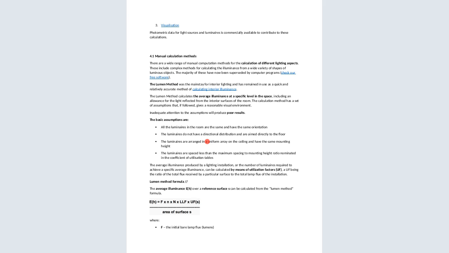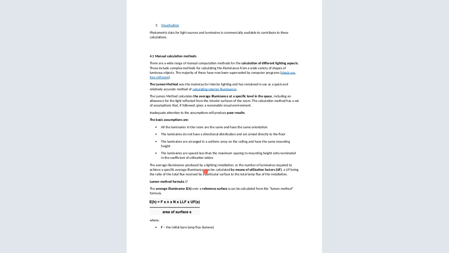We also assume that the luminaires are arranged in a uniform array on the ceiling and have the same mounting height, and that they are spaced less than the maximum spacing to mounting height ratio limit in the coefficient of utilization table.